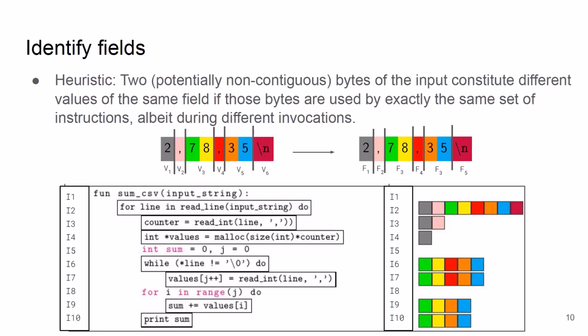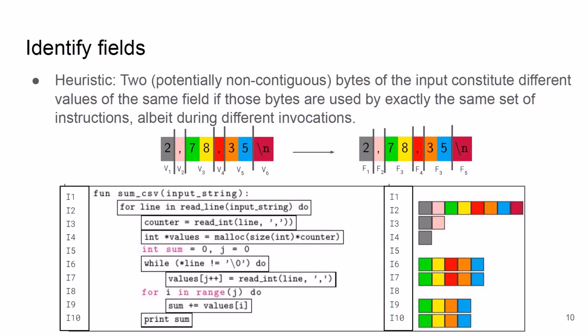Next we apply another heuristic. We say that two potentially non-contiguous bytes of the input constitute different values of the same field if those bytes are used by exactly the same set of instructions. For instance, byte 2 is used exactly by I2, I3, and I4.